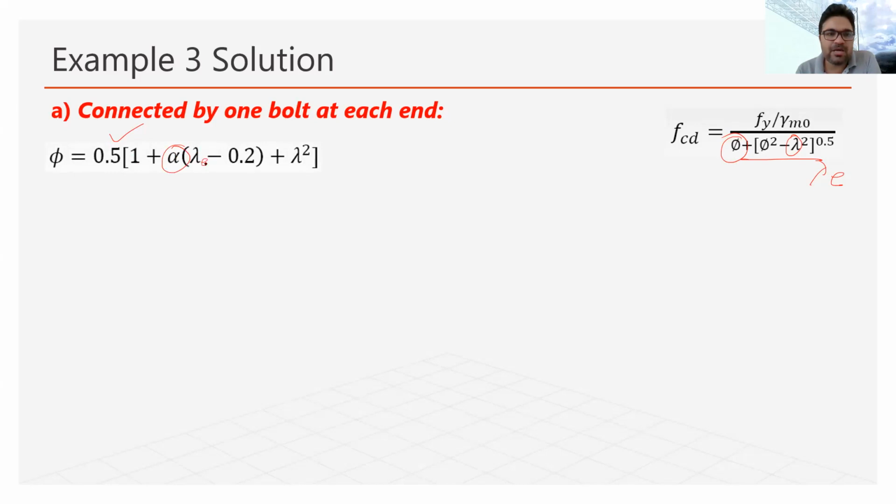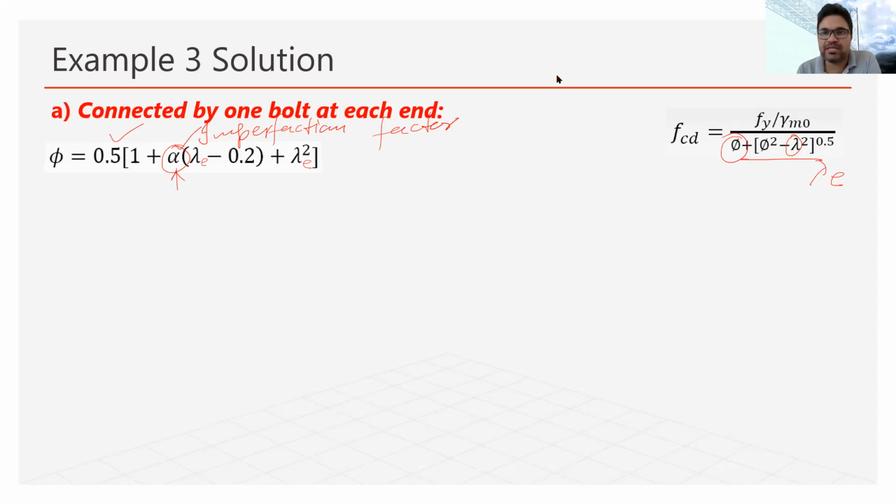Lambda here is lambda E actually, but we have to find out alpha, and this alpha is called the imperfection factor. It depends on the buckling class. So first we will see what is the buckling class of the angle section, and based on that buckling class we will put the value of alpha here.